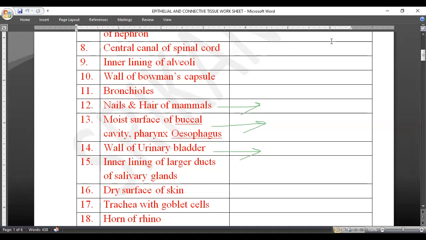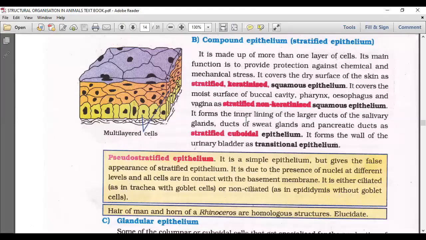Inner lining of larger ducts of salivary gland: stratified cuboidal epithelium. Dry surface of the skin: stratified squamous keratinized epithelium. So that's it. The examples you have to read there, and you should come here and practice. Okay, that's about the compound epithelium or stratified epithelium.